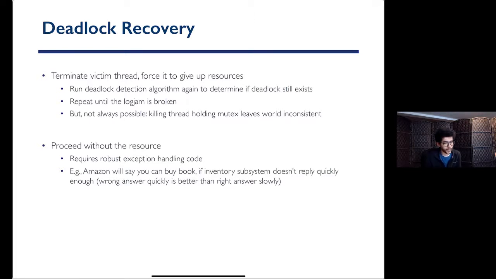Here is one example. I'm not suggesting that this example of Amazon that I'm going to give is exactly for deadlock recovery, but you will get the idea of what I mean by being ready to proceed without the resources that you want.